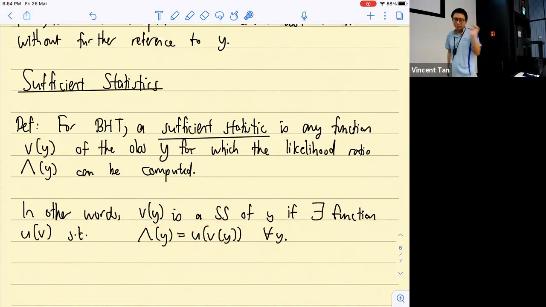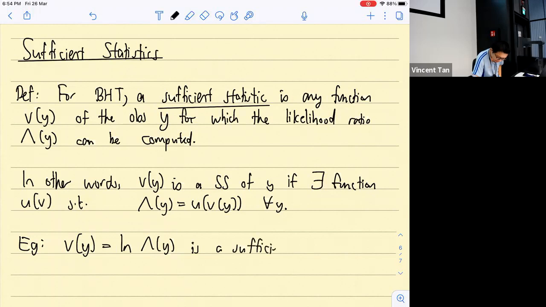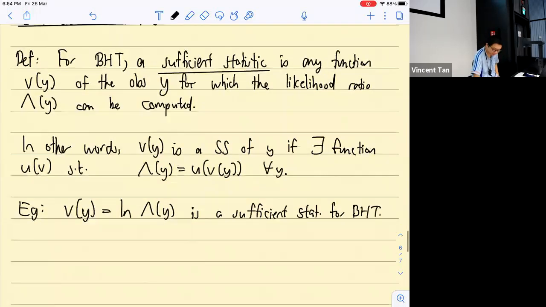So this is too abstract. Let me give you some examples. This is a trivial example: v of y equal to log of lambda of y is a sufficient statistic for binary hypothesis testing. Why? Obviously, because there certainly exists a function u of v, which is e to the v, that helps us reverse the operation.